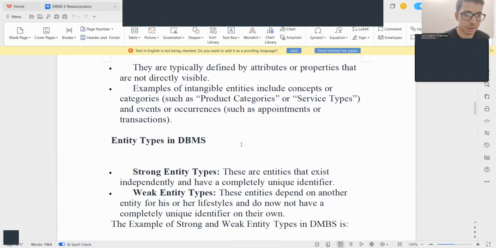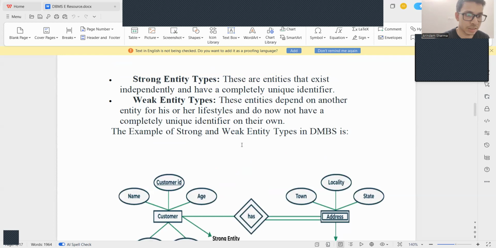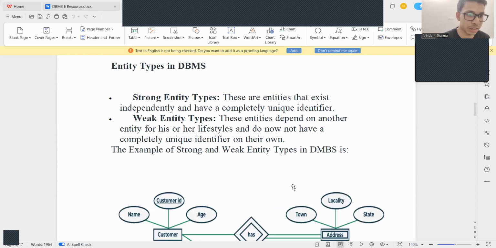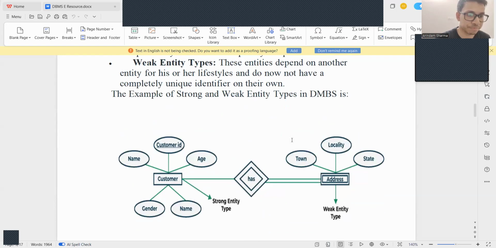So entity types in DBMS, this we have all discussed, how they have connections. Let's understand that. So a customer, and this is an address.